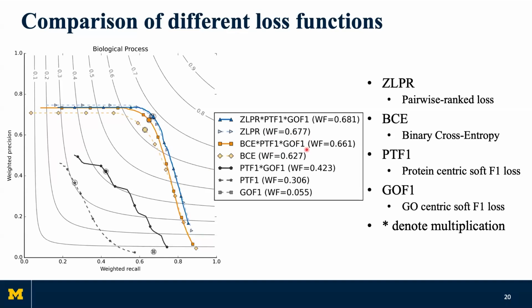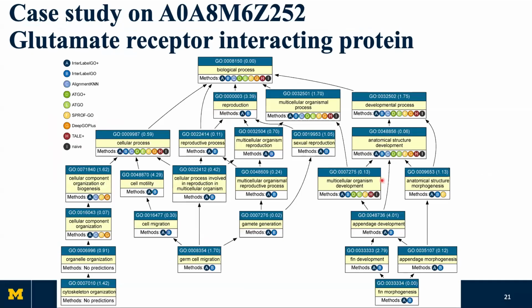So this observation suggests the loss. Yeah, so next is a case study on this UniProt protein called glutamate receptor interacting protein. This is the DAG graph showing the biological process skeleton.